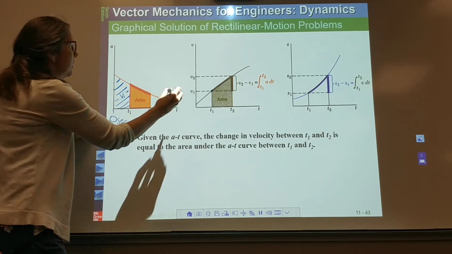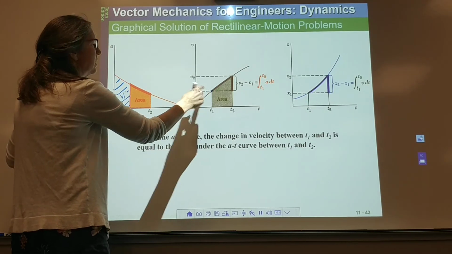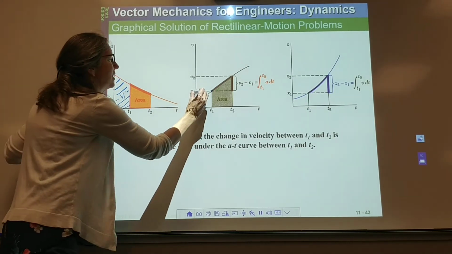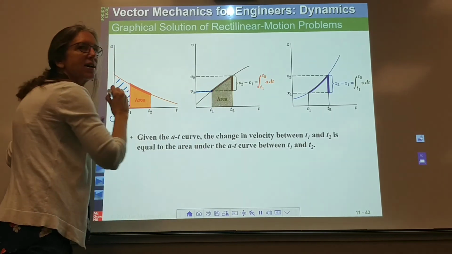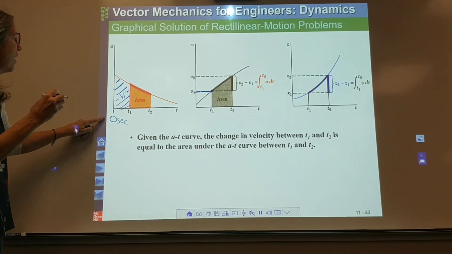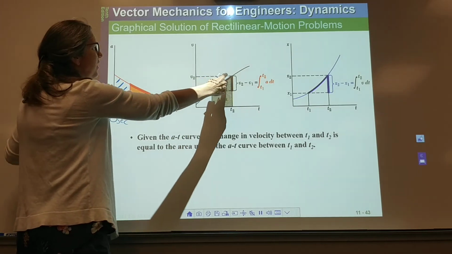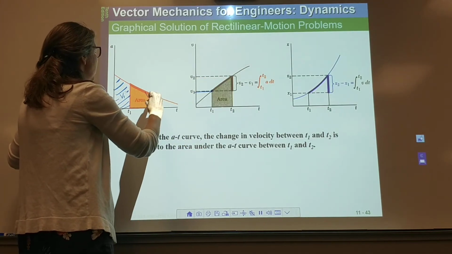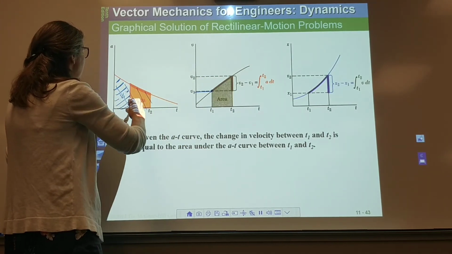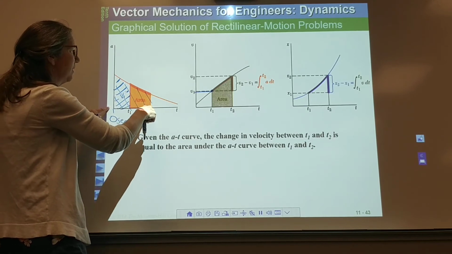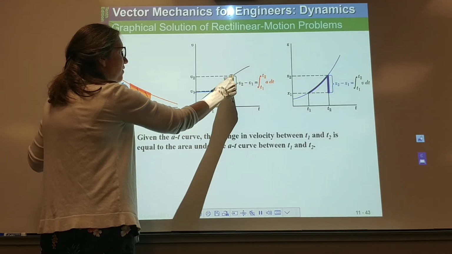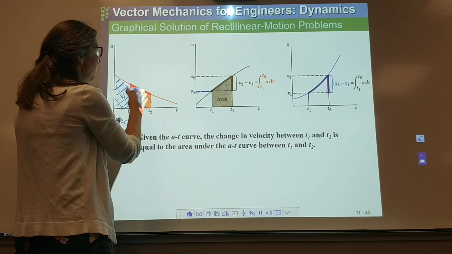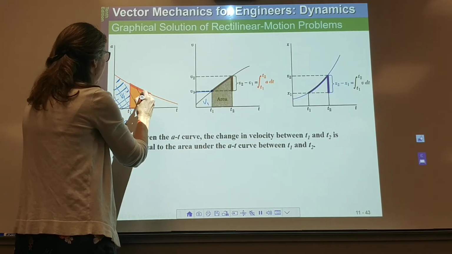Okay. So this area here is the velocity at 1. It is that value over there. Then if you want to find the velocity at point 2, you take again that total area, and that would give you the velocity at V2. This would give you V1.